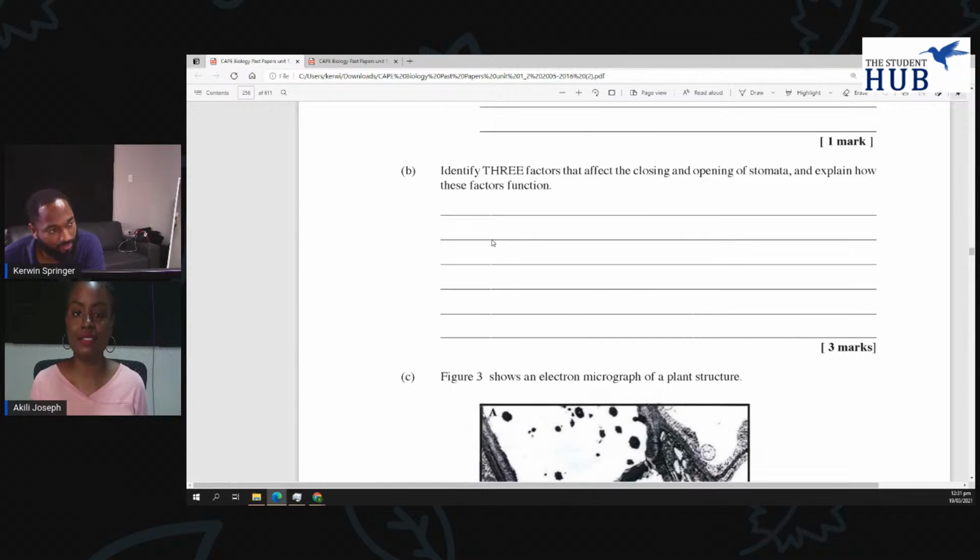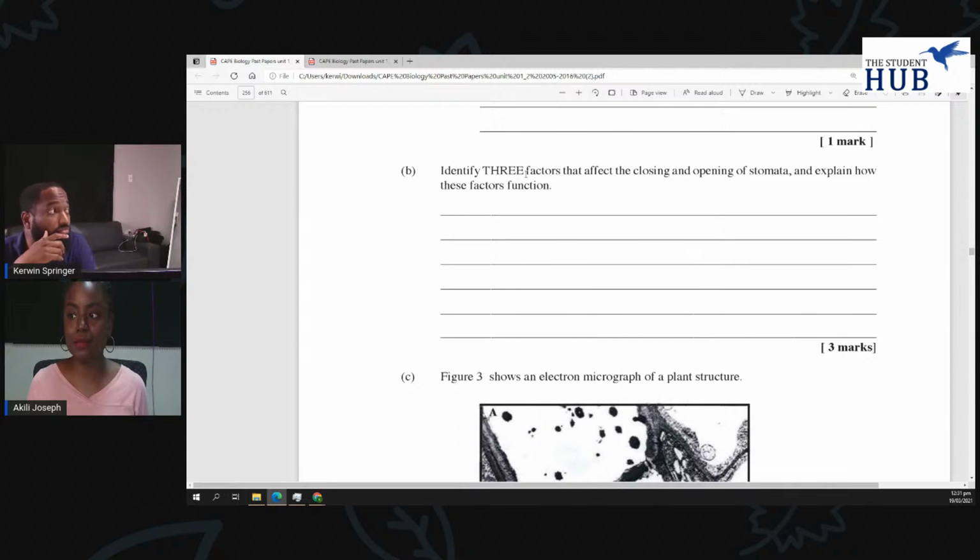So one factor can be sunlight. The presence or absence of sunlight means whether the plants can photosynthesize or not, right? If the plant can't photosynthesize, it's not going to want to open its stomata to get the raw products it needs, because that's how carbon dioxide comes into the plant, right?